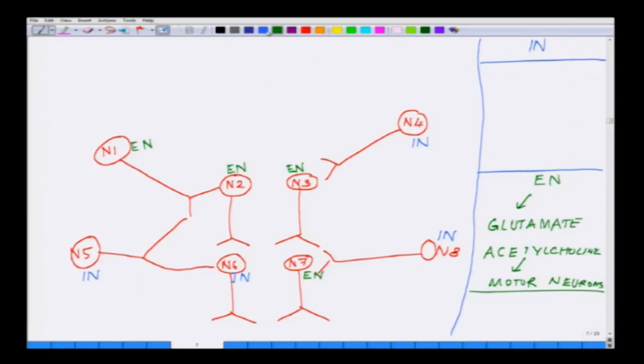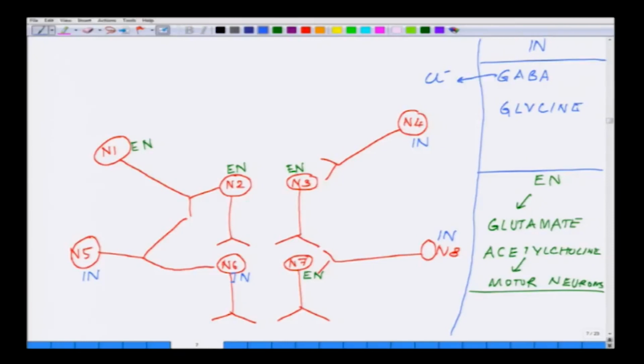Okay. And then among the inhibitory neurons, you have GABAergic neurons, you have glycinergic neurons, and GABA are the ones which promote the entry of chloride, glutamate are the ones which are providing the entry of sodium. So, now this is how a hypothetical network looks like, what I have drawn.